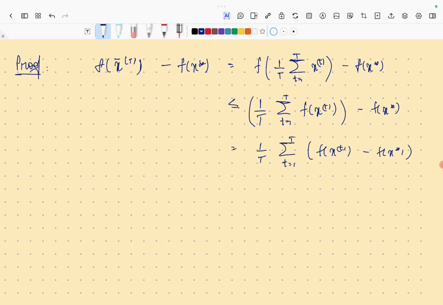Now we know that f is differentiable. What can you say about f of xt minus f of x star? So let me use the following. My claim is that this quantity is again less than or equal to the summation t equal to 1 to capital T of the inner product between the gradient of f at xt and xt minus x star.